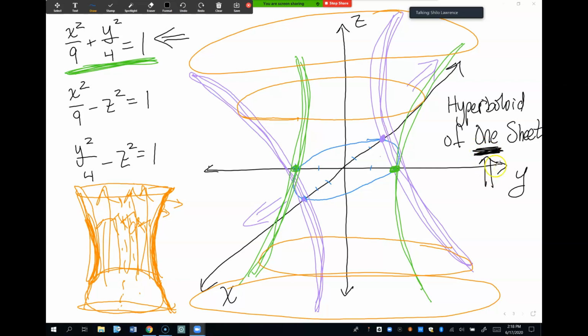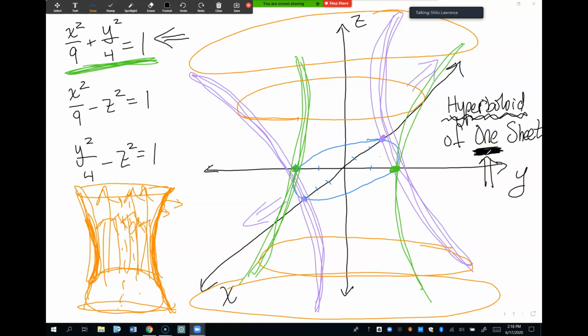The most important part of understanding this kind of shape is the fact that it's made of hyperbolas. We have two different hyperbolas, so that's why it's a hyperboloid, but it's only those three different traces come together to make one solid object. So that's why it's a hyperboloid of one sheet.